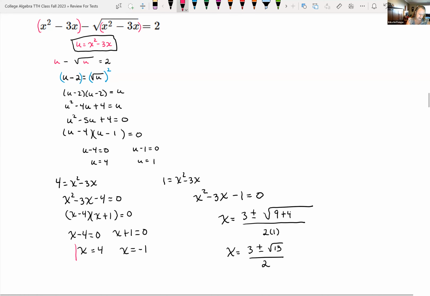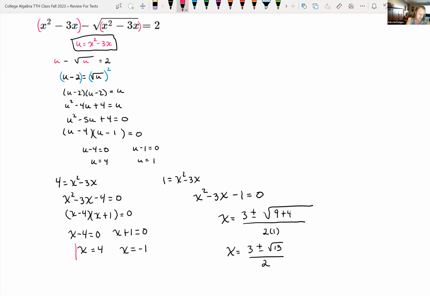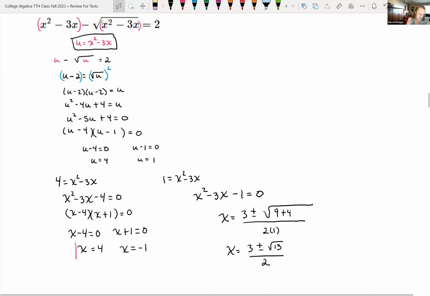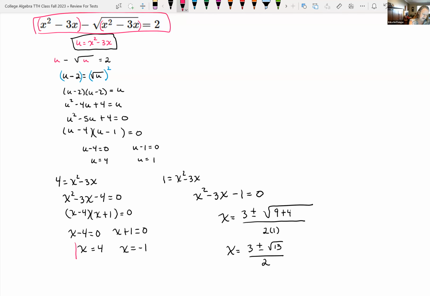Actually, we're going to plug it back into our original and see, is this true? So wherever we see an x, we're going to plug in 4. So is 4 squared minus 3 times 4 minus the square root of 4 squared minus 3 times 4 equal to 2?